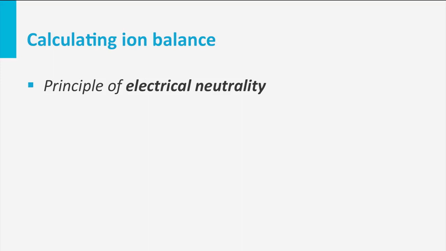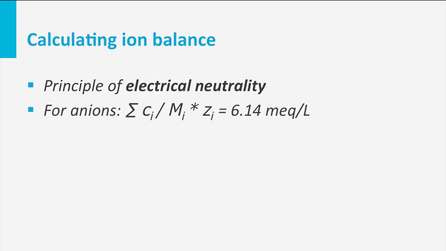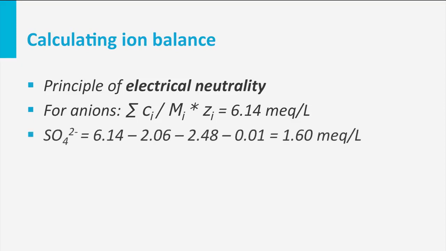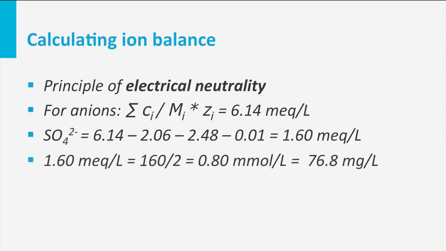Now, based on the principle of electrical neutrality, also the anion should add up to 6.14. When subtracting the valence concentration of the other anions, chloride, bicarbonate and nitrate, you end up with a valence concentration of 1.6 for sulfate. This equals 76.8 milligrams per liter.